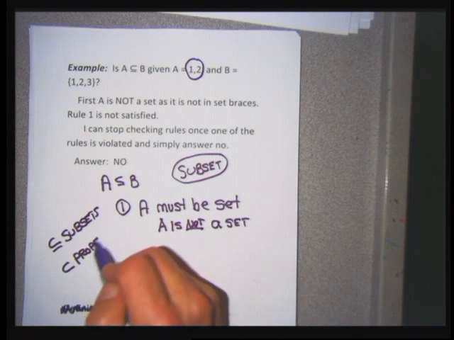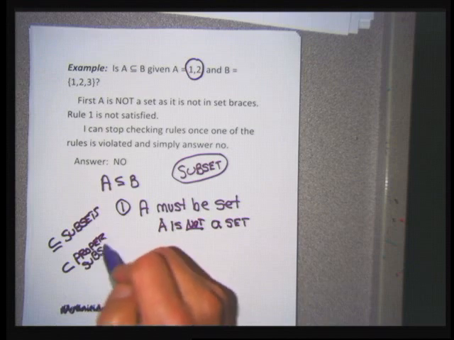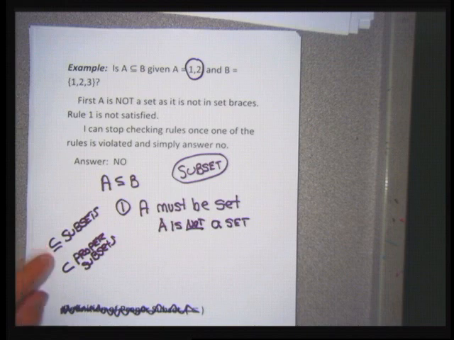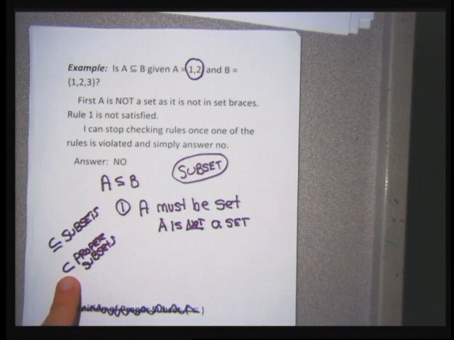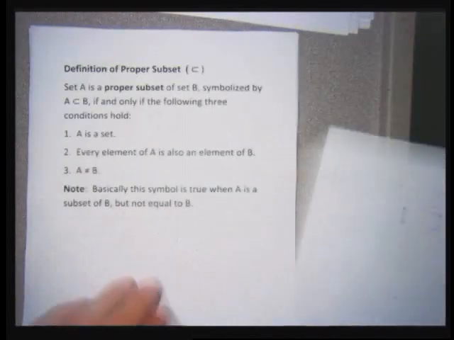So everything we've done so far has only focused on specifically a subset. And a subset, because it has a little bar under it, two sets can be subsets. A set can be a subset of another set if it's equal. Once I take that bar away, the symbol subset turns into proper subset, and with proper subset, equality isn't allowed.